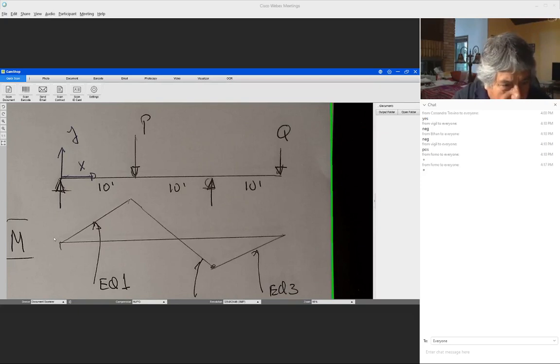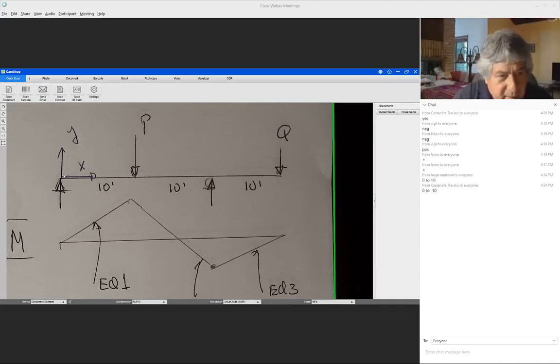The limit for this equation, just write in there, the limit is from which value to what value if I put the origin at this location? 0 and 10, exactly, good.